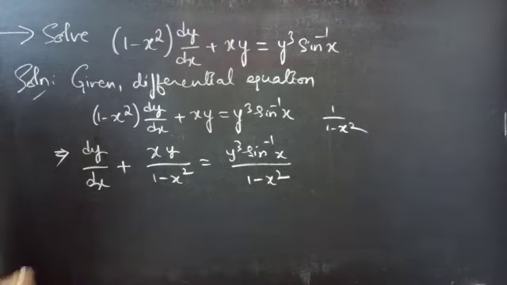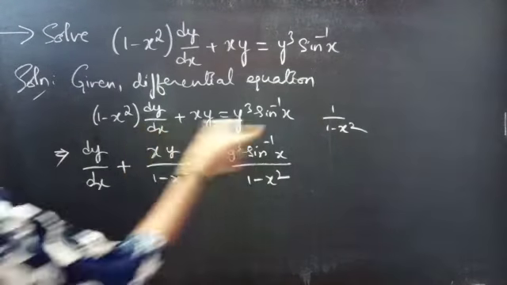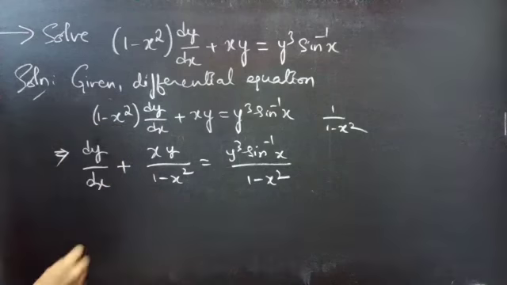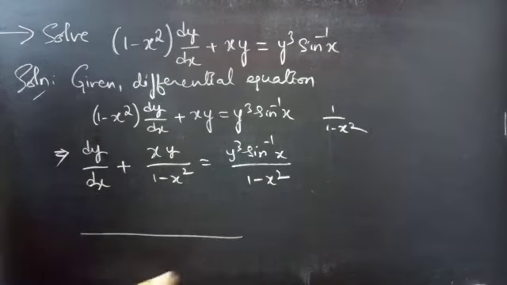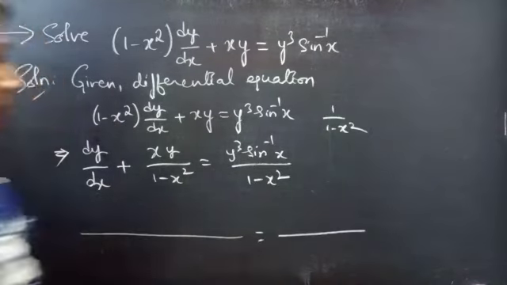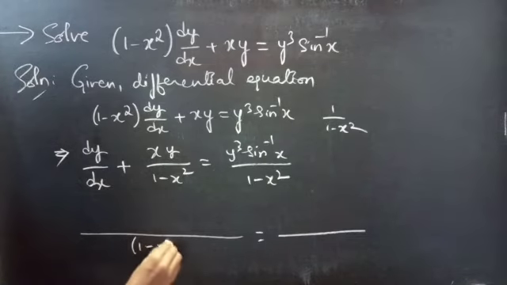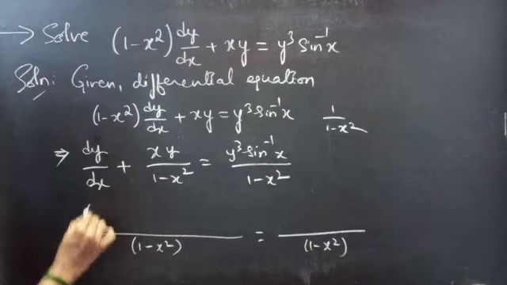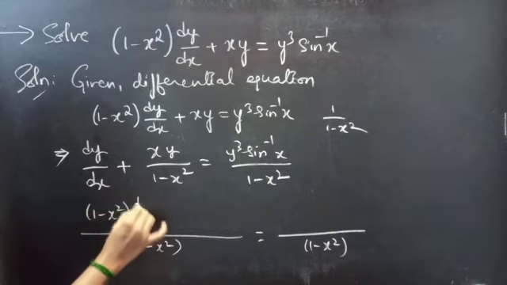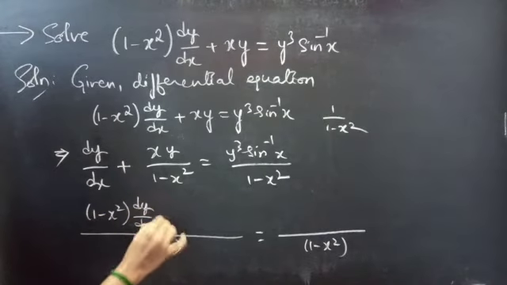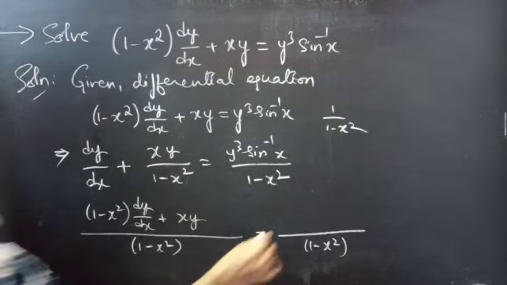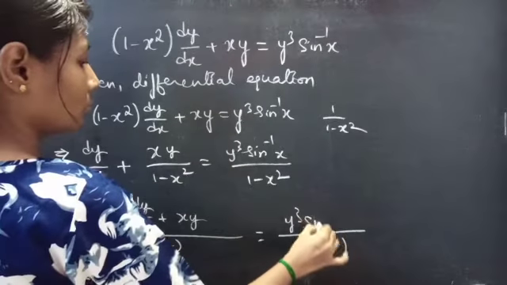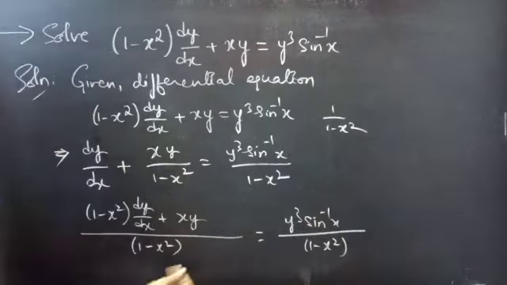Now I'll show you in detail by dividing both sides of the equation with 1 minus x square.